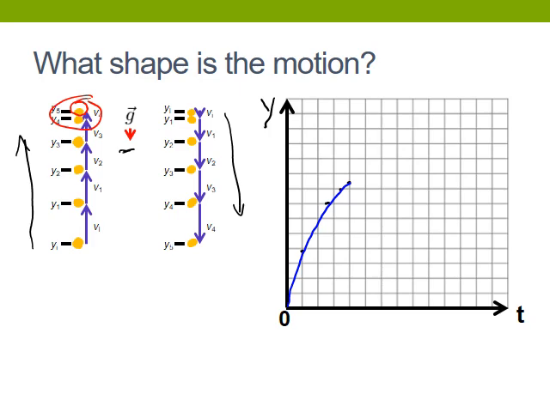After it reaches its highest point, it'll begin to drop down. What would it look like there? Well, it'll come back down, and it'll have a motion on the other side that is symmetric, as we said.